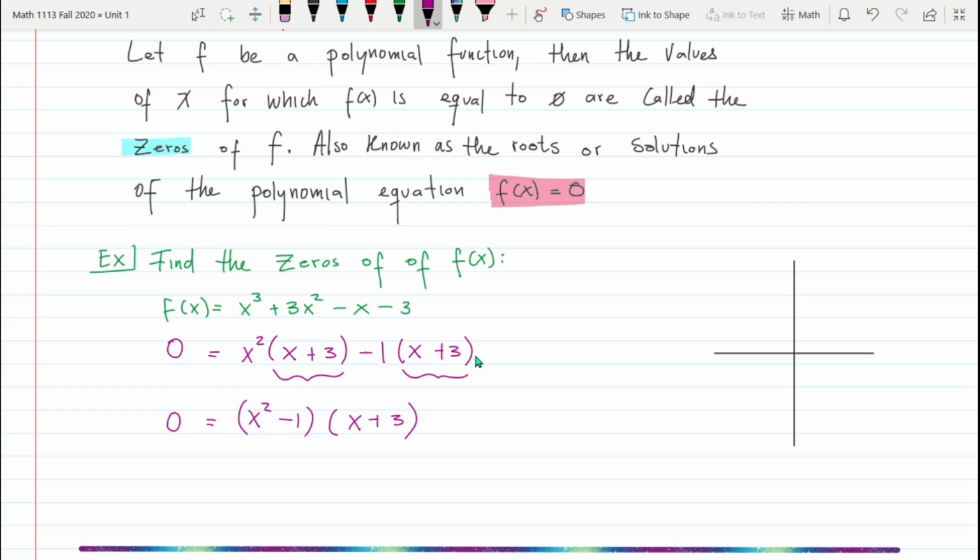And if you remember from algebra, there is a zero product property. Whenever you have two things that are being multiplied to each other and they equal 0, then it must be the case that each of them equals 0 at different values of x.